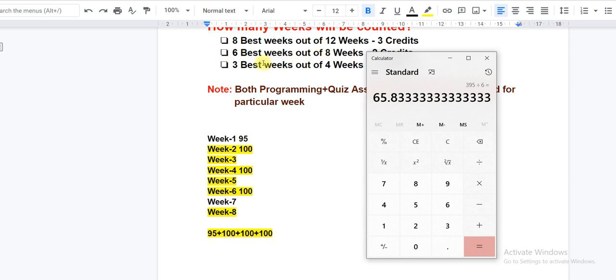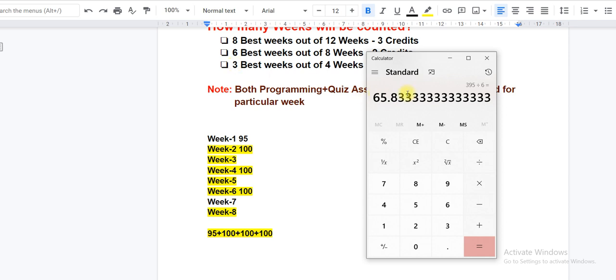If it comes under 8 weeks, then the sum, here I am showing 4 weeks done, so the 4 week sum is 395, divided by the best number 6. Even if you have done just 1 assignment, and you have 100 out of 100, then NPTEL will calculate 100 by 3.